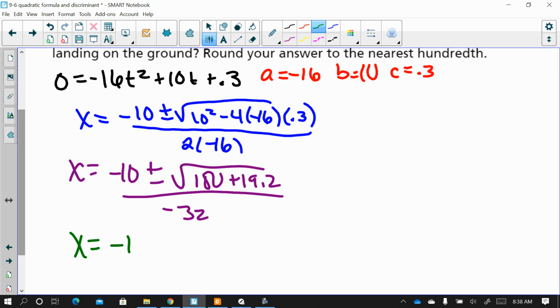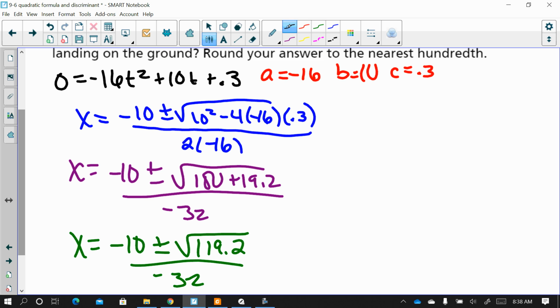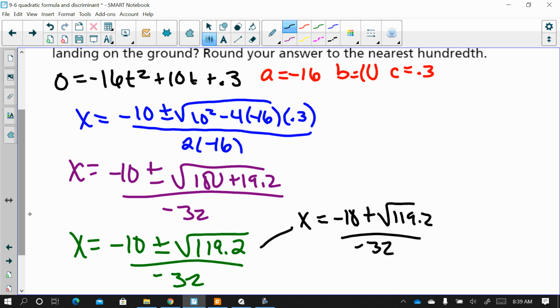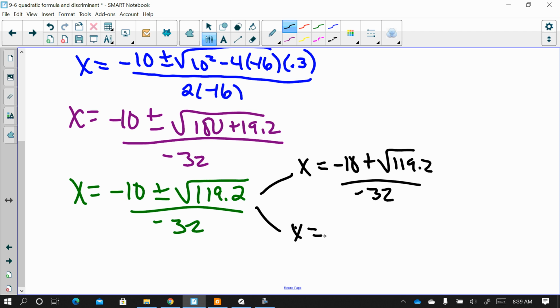X equals negative 10 plus or minus the square root of 119.2 all over negative 32. Okay, two answers. X equals negative 10 plus the square root of 119.2 all over negative 32. And x equals negative 10 minus the square root of 119.2 all over negative 32.